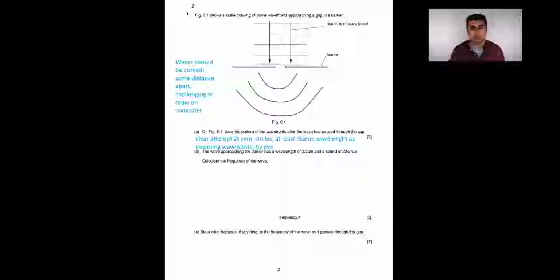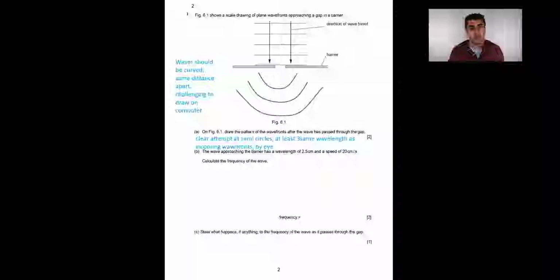A way of doing this is maybe to mark with the letter lambda, remember the Greek letter for wavelength, or even call it x, here and perhaps here, because the examiner is going to look by eye to see if they look similar, and if they do, you get the mark.